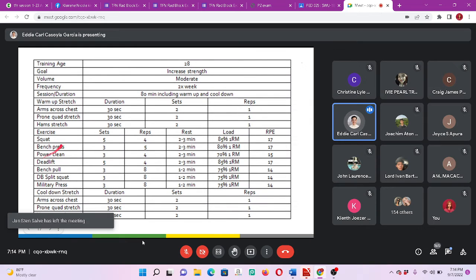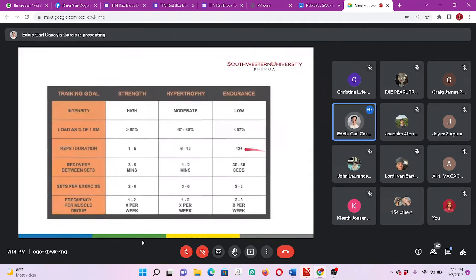So we have here an example: squat, bench press. And as you observe, all those exercises can improve strength. In order for you to know the recommended and proper resting time, the load percent of 1 RM, the RPE, and the repetition, base it on this table.